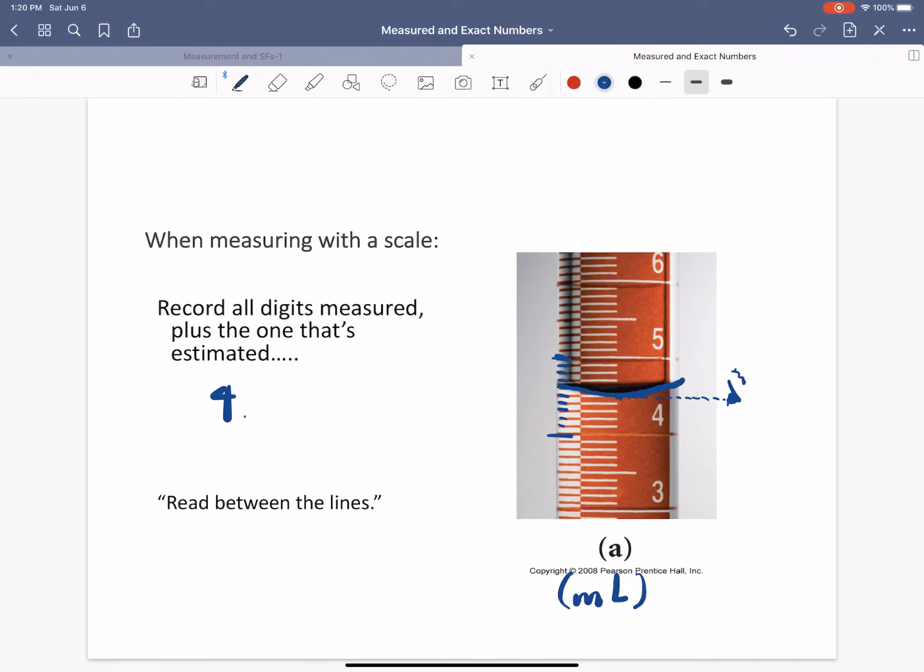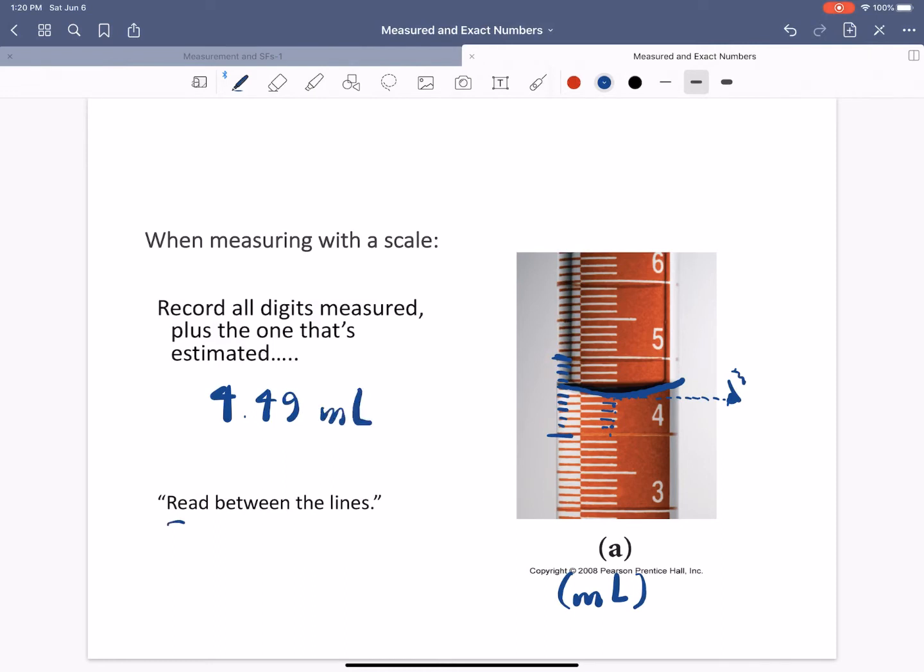And how far up are we? 1, 2, 3, 4, and quite a bit more. And so now I'm going to estimate the distance between 4.4 and 4.5, and I'm going to say it's just below the line.